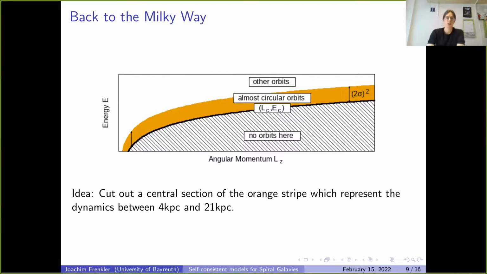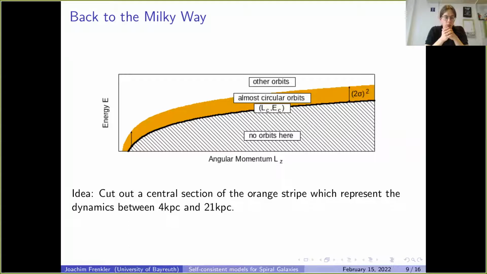And the idea is simply to cut out a central section of this orange stripe, which represents the dynamics between 4 kiloparsec and 21 kiloparsec. And when we do so, the density which corresponds to this cut-out model looks quite similar to the density of the real interstellar medium.